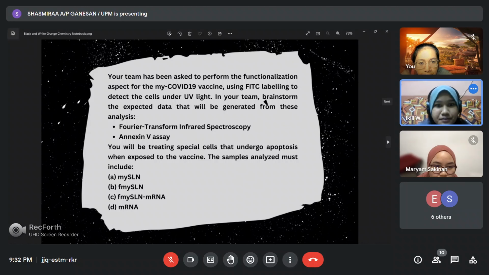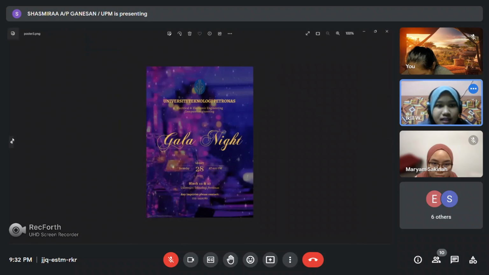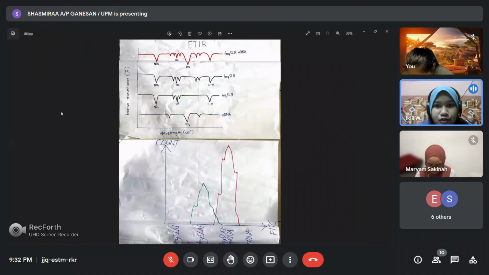So for the first part of the question, we provide the expected result for the Fourier transform infrared spectroscopy.